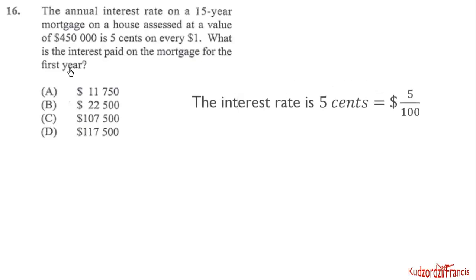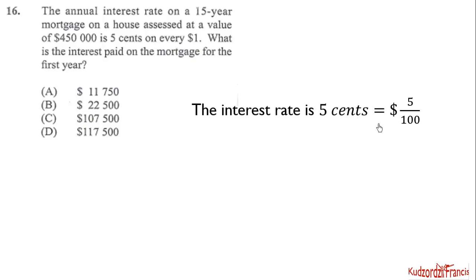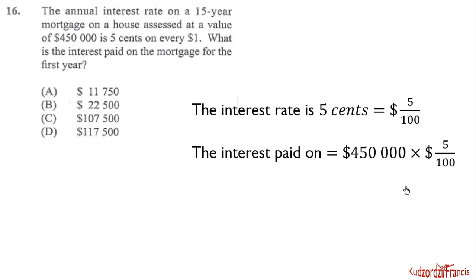So we know the interest rate is given by 5 cents, which is the same as 5 out of $100. So if every dollar you're supposed to pay 5 cents, then the interest paid on $450,000, we just have to multiply the rate, which is 5 out of 100, by the mortgage amount.